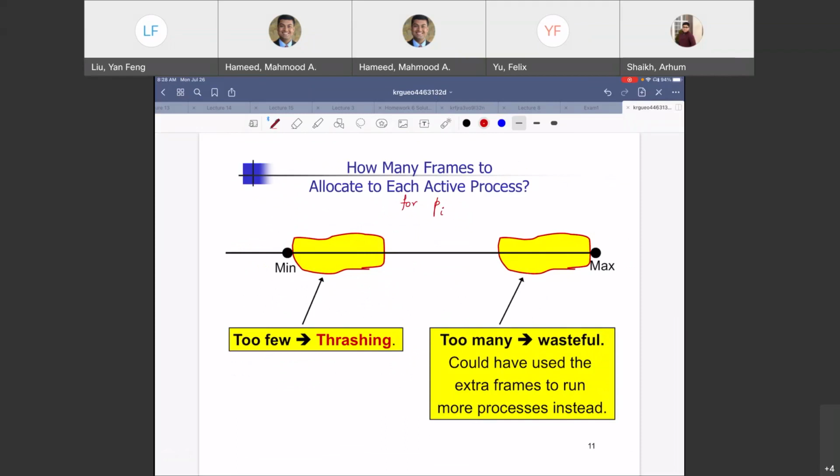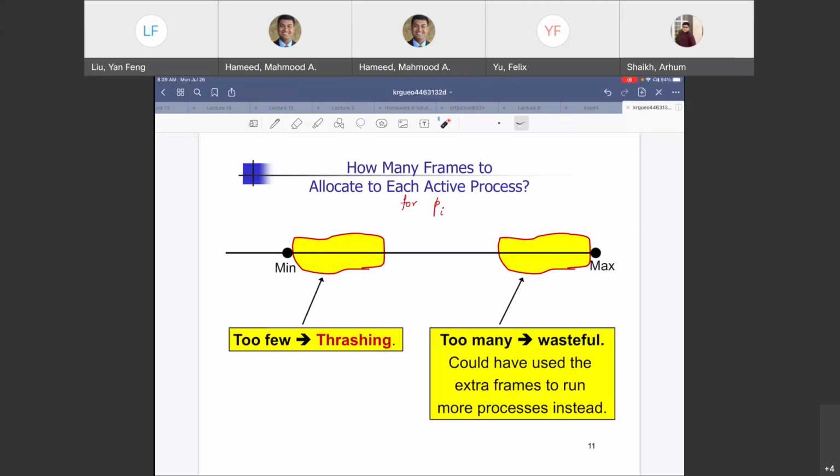So there's a minimum number of frames needed to get a process started. But if you are at a low number, just above that minimum, then you have too few. What does that mean? I needed 2 frames to get started, and I got the 2 frames, but my page references are, say, from a set of 4: 1, 2, 3, 4.